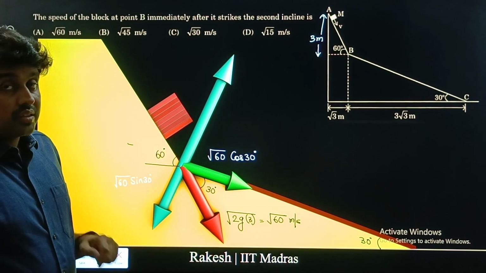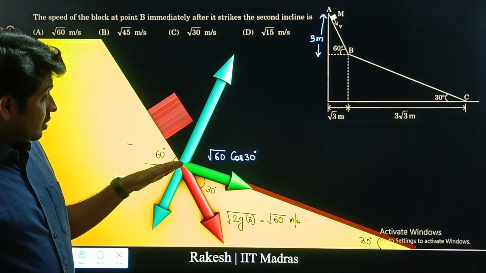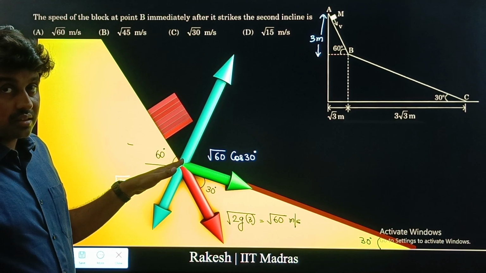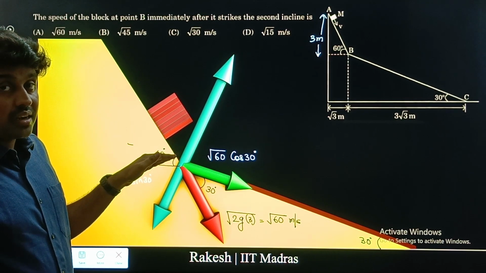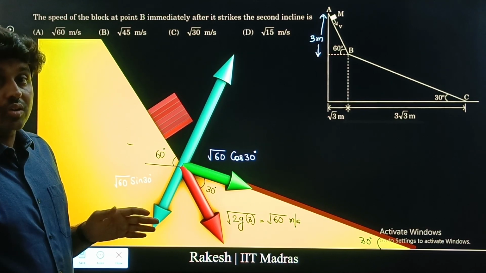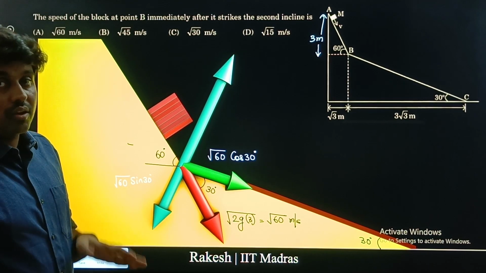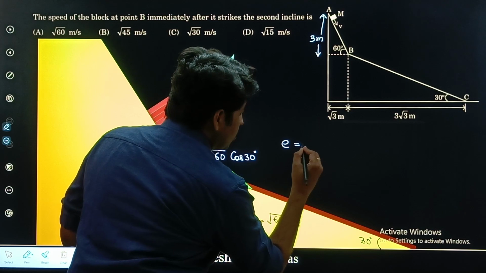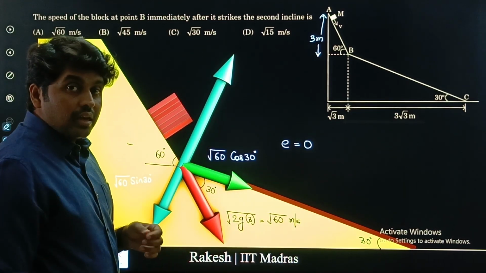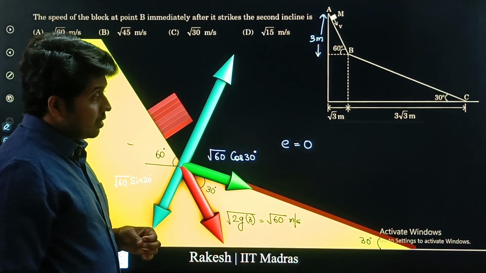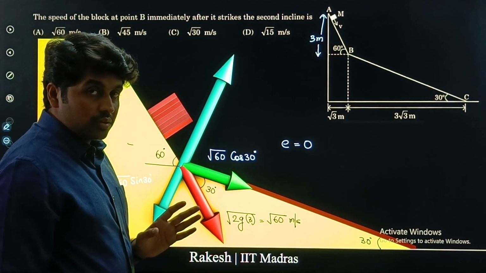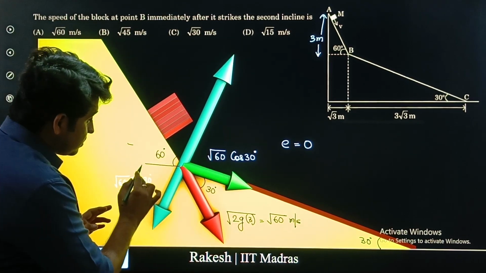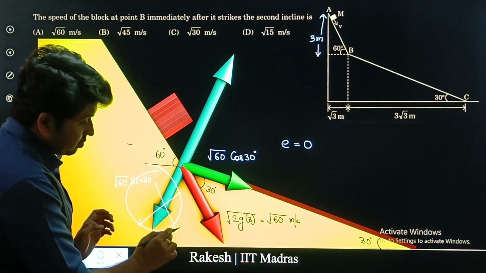Now, anyways, he's saying that the collision is completely inelastic. If the collision is completely inelastic, then the velocity of separation by velocity of approach, E, becomes 0. So this E will be equal to 0 in a completely inelastic collision. So that means the velocity of separation is 0. What happens is this velocity vanishes. Okay.